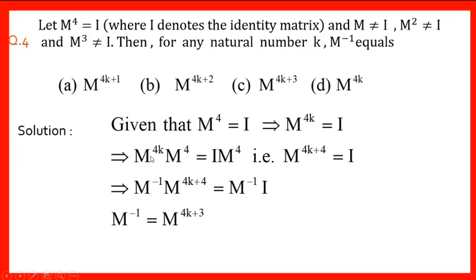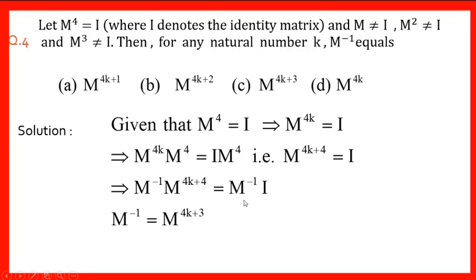So we get M to the power 4k into M to the power 4 is equal to I into M to the power 4. Now apply the law of indices, you will get M to the power 4k plus 4, as the powers get added. And here M to the power 4 is I as per the relation given, so this is also I. Now we wish to find M to the power minus 1. So let us pre-multiply by M to the power minus 1 on both sides of this relation.